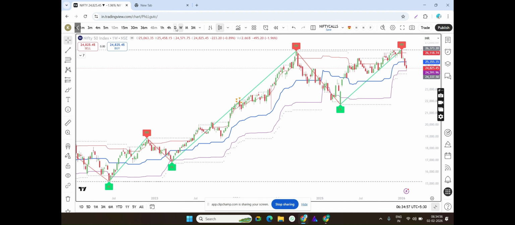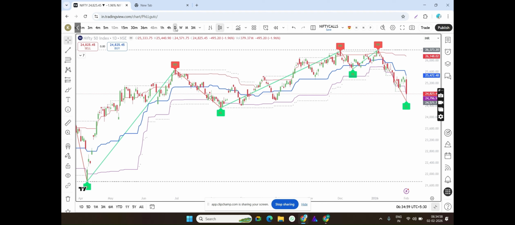So coming to the daily time frame. So daily time frame, you saw the trend change on 8th of Jan and we got backtest nearly on 13th of Jan and 16th of Jan. And yesterday again we backtested here. These backtests were not exact, but still we came very near to the trend defining line. So that is the daily.